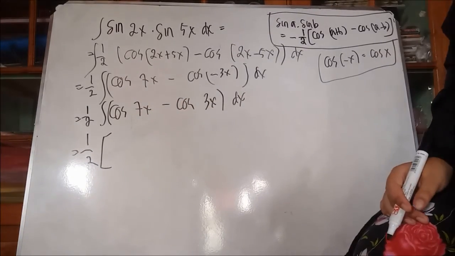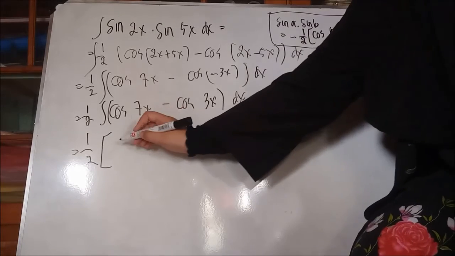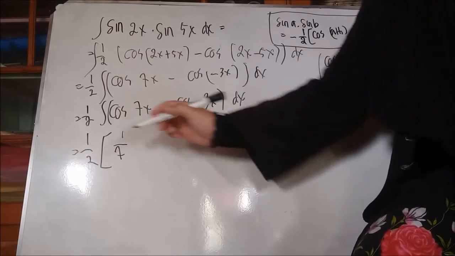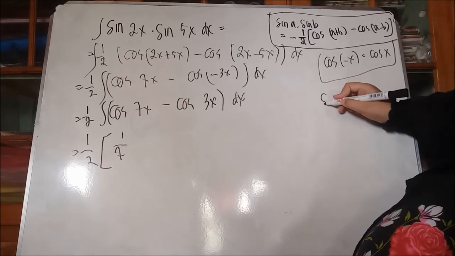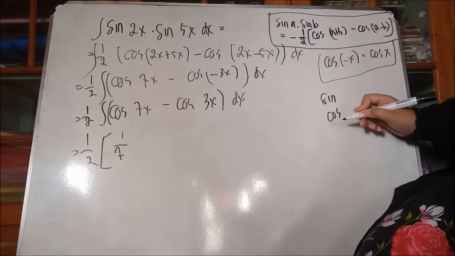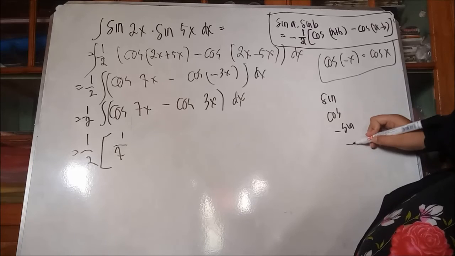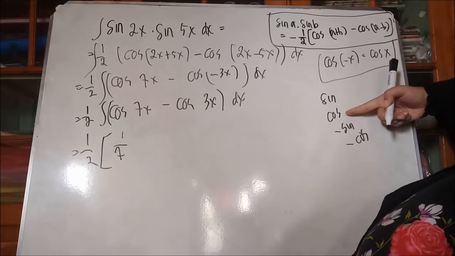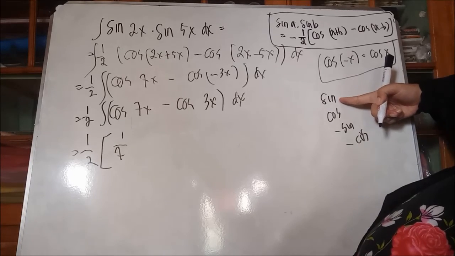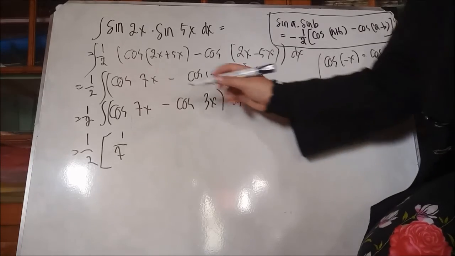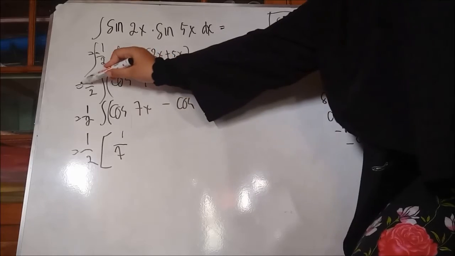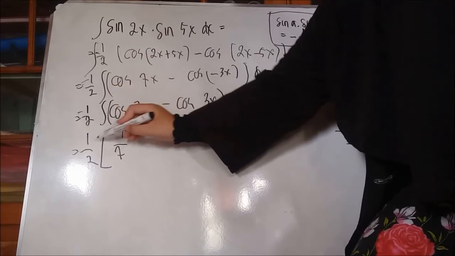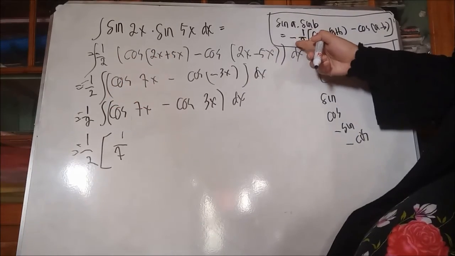Cos 7x is equal to 1 over 7, and the integral of cos is sin. Oh, don't forget the negative sign, because the sin here is negative, right?